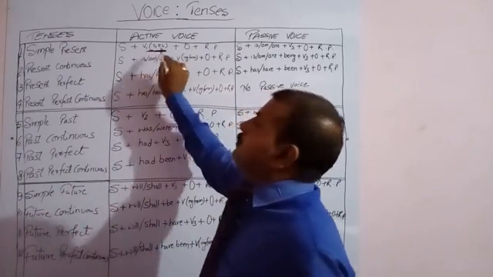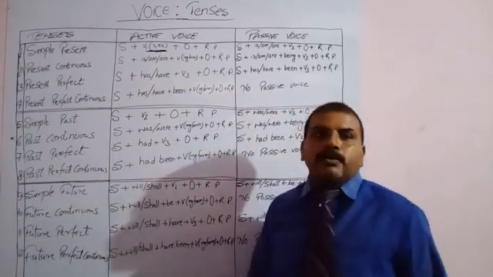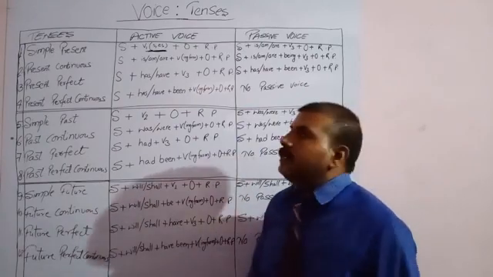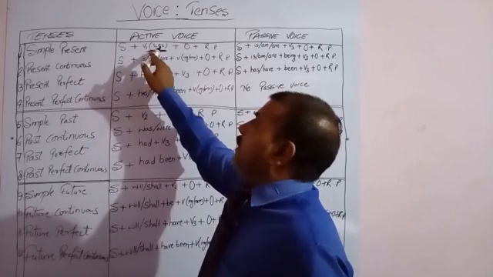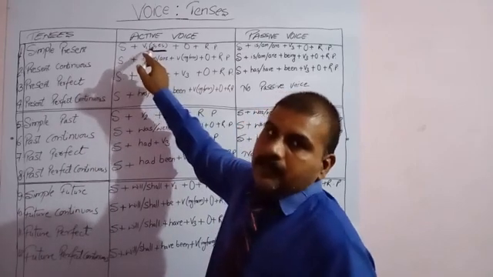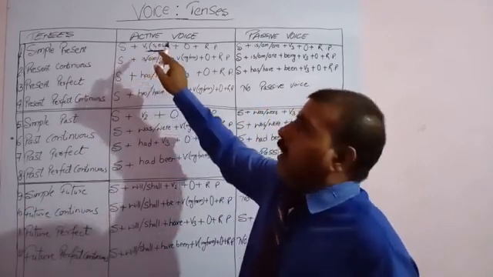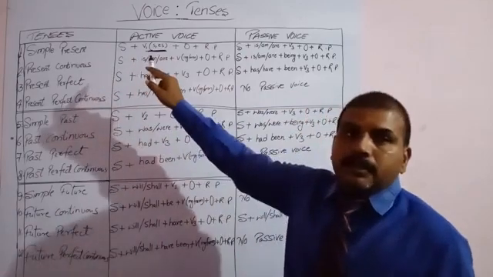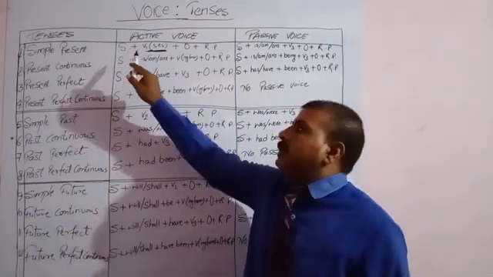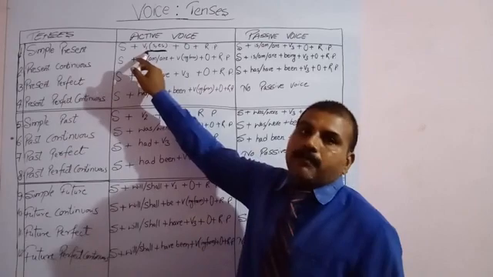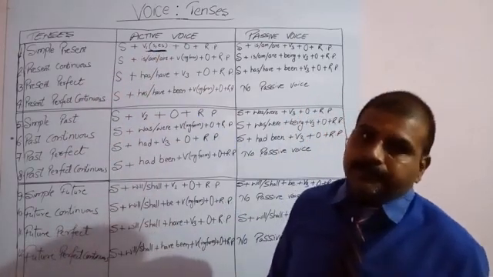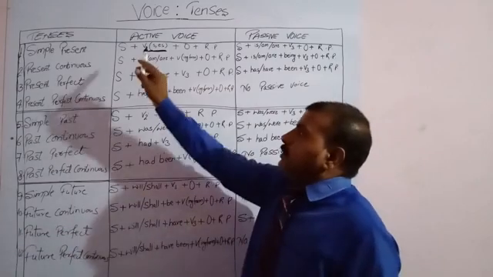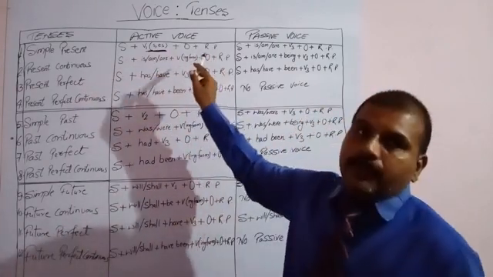This means we have to follow subject-verb agreement. If the subject is singular, then we add ES or S. If the subject is not singular, then we just write the first form of the verb without adding S or ES. So this is the structure for active voice.